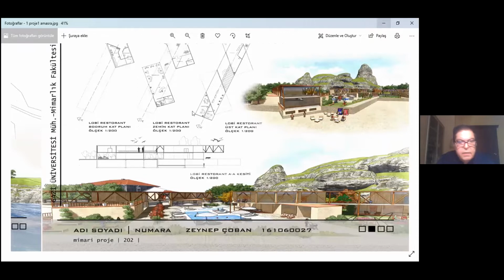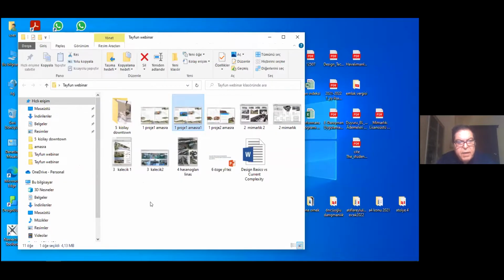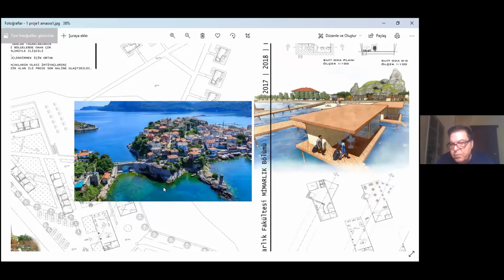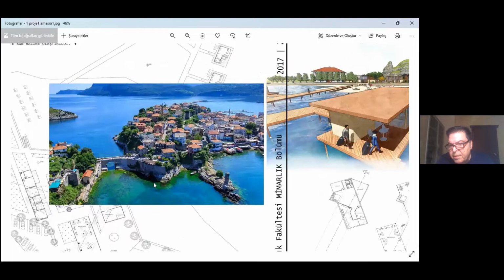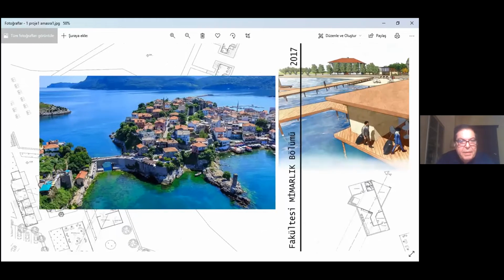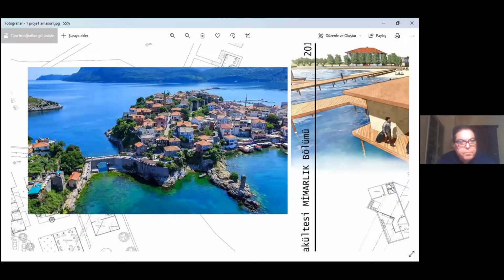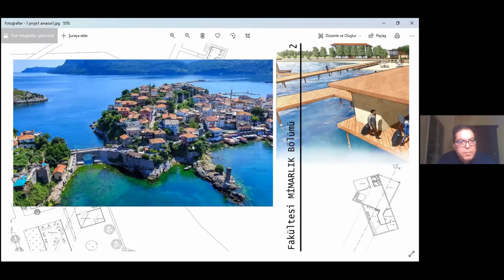And the second sample is again from Amasra. Mr. Veeger, did you see Amasra before when you came to Turkey? This is Amasra's bird's eye view picture.